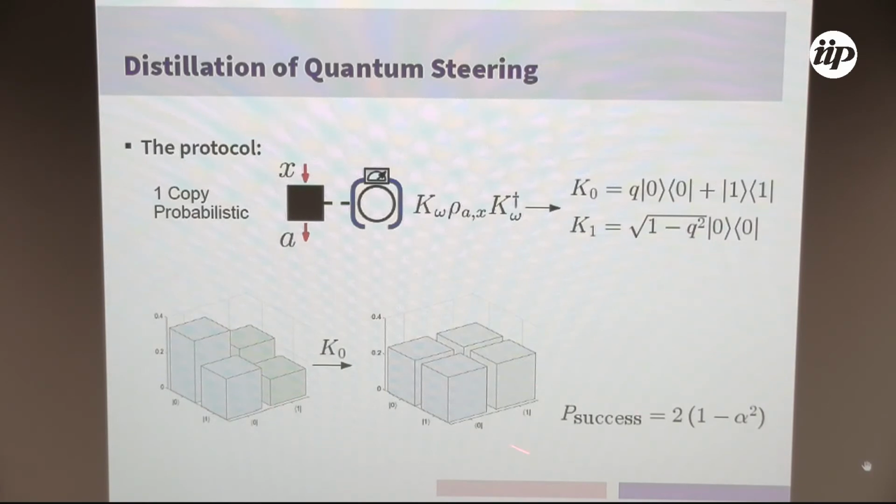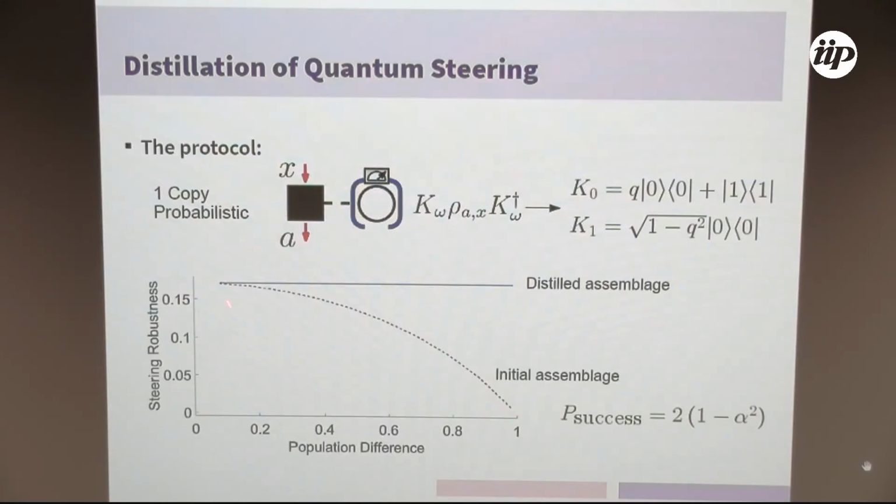But here, with one copy, I have this probabilistically, with the probability given by 2 times the smallest population of both levels on the assemblage. And to show how this result scales, consider this graph as a function of the population difference, with one type of quantifier for steering.